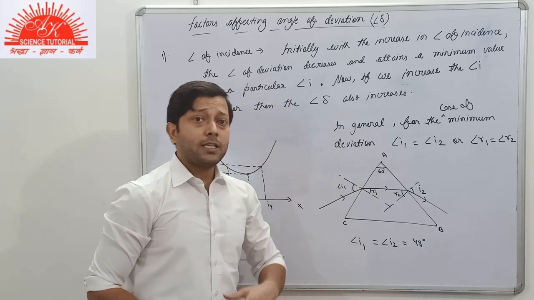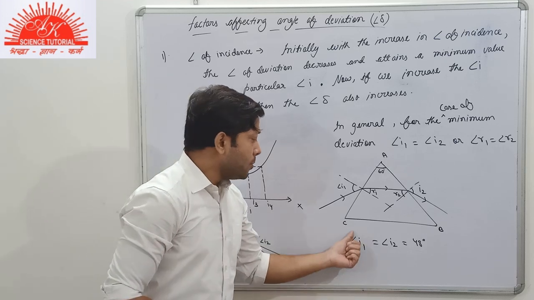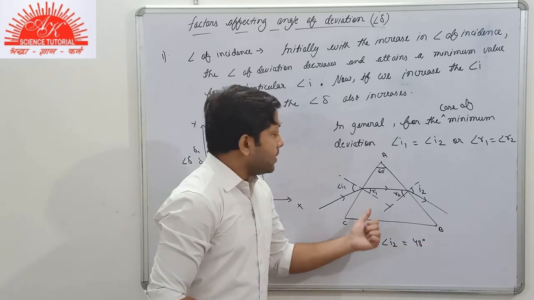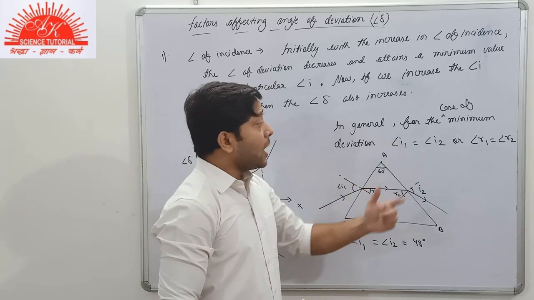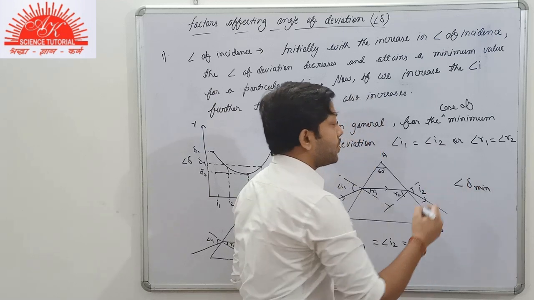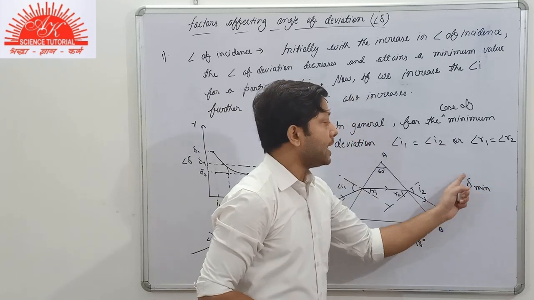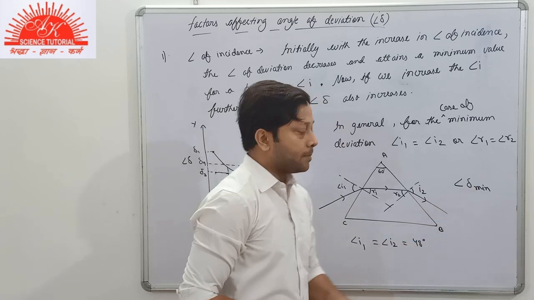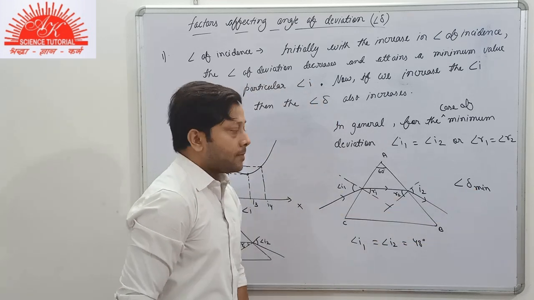Now it might be possible that in the numerical part you will be given that the angle of incidence is 48 degrees, and you have to find the angle of minimum deviation, which is represented as delta minimum. So we can find it here. How?